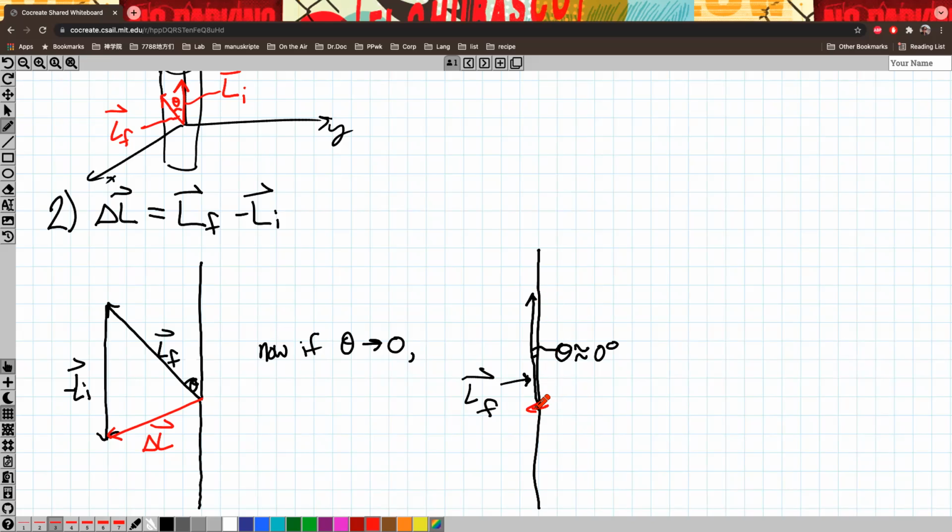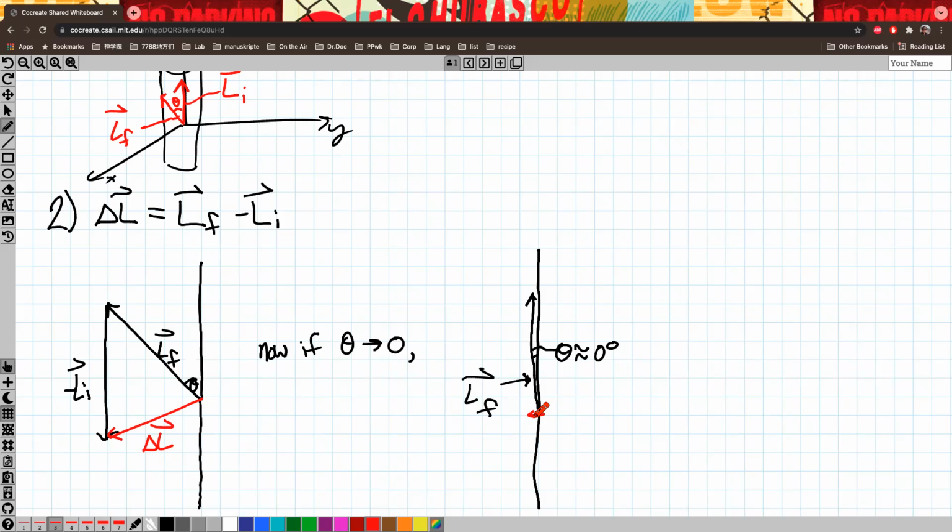So, hold on, is it that way? LF minus Li. So delta L should be pointing this way then, right?